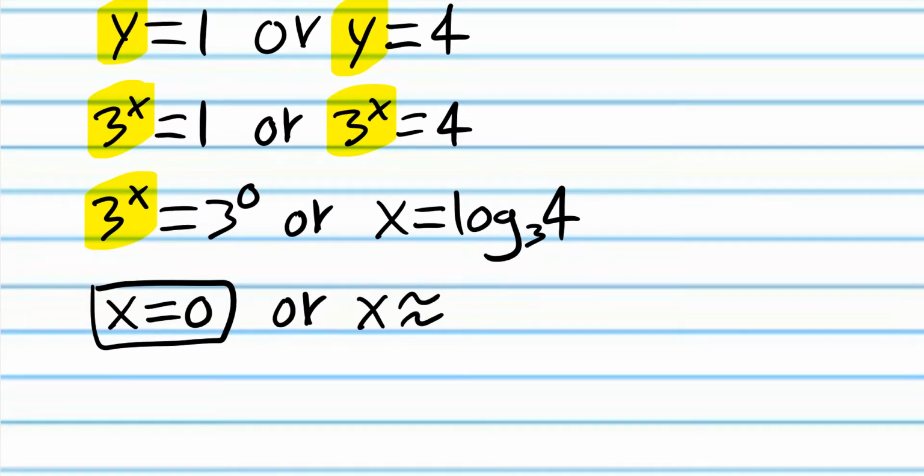And as usual, we want to approximate to the nearest 10,000th. So we're going to write 4, log base y button, then 3, equals, and we get 1.2619. We had to round up on that one.